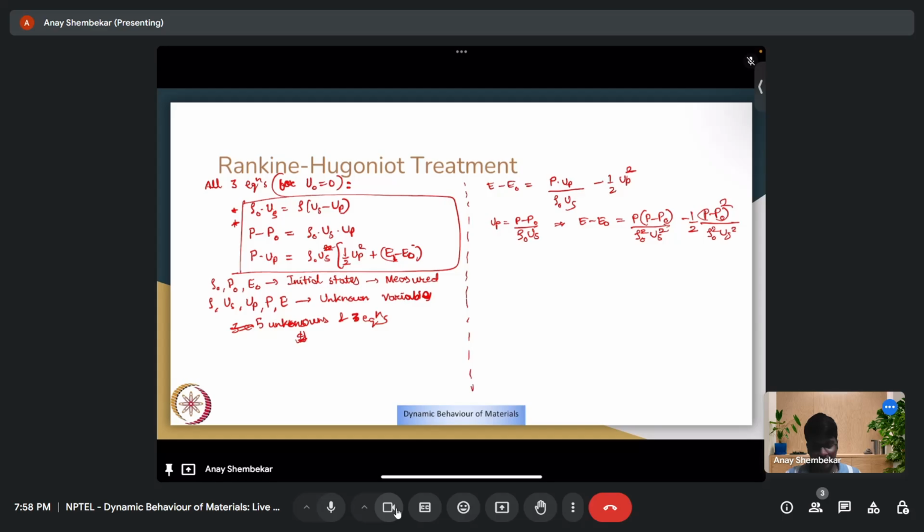Right, so this gives us, again, if you use conservation of mass, you have rho naught minus rho into US equal to minus rho UP, which is minus rho P minus P naught upon rho naught US.